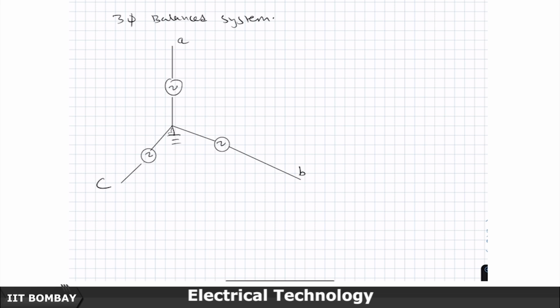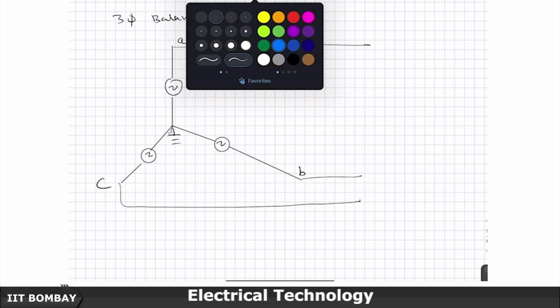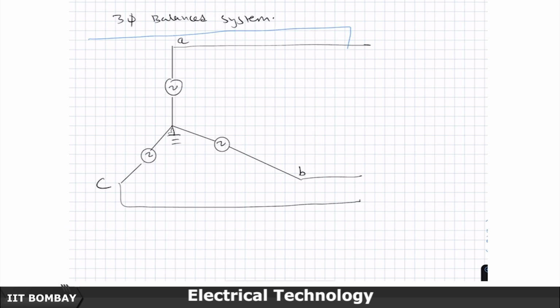Now, if these 3 terminals are available at the box outside of your generator box, so the whole generator is there in a box and the A, B and C terminals are available here.